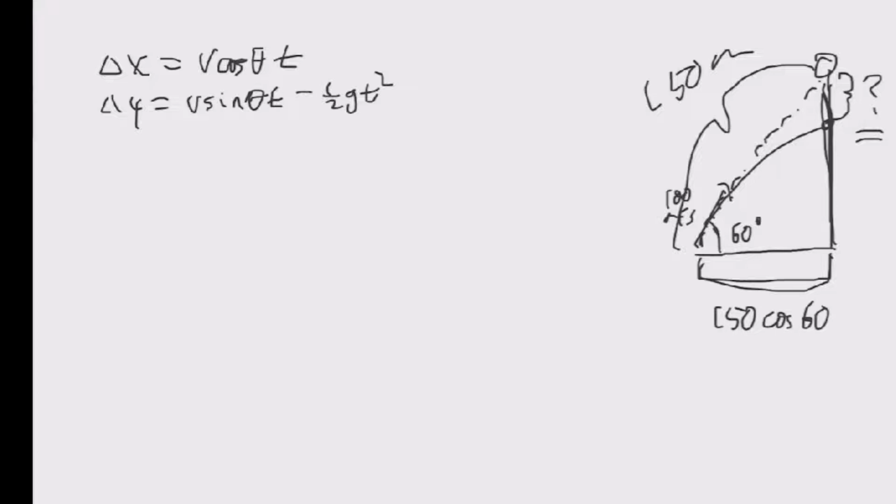Since I want to keep everything in variables for now, let's call this d. And so this will be d cosine theta. All right, so now we have our third equation, delta x equals d cosine theta times t.